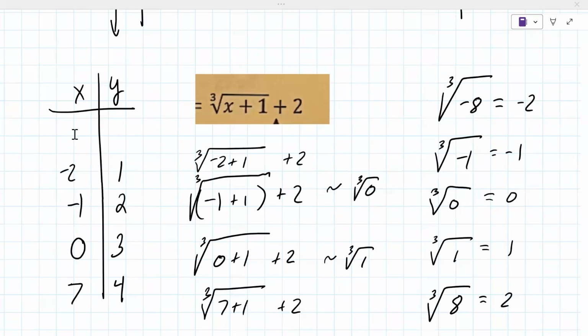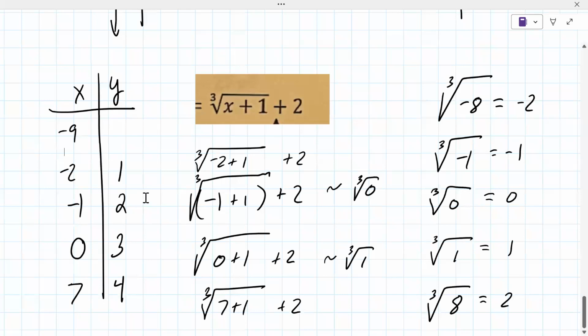All right, then the next one here, we want to get to -8. That's -9. Can you tell me what value goes in here for y, please? So I'm giving you the x value this time. I'm just going to tell you it's -9. I'm just asking to simplify, putting -9 in for x plus 1, cube root of that plus 2.